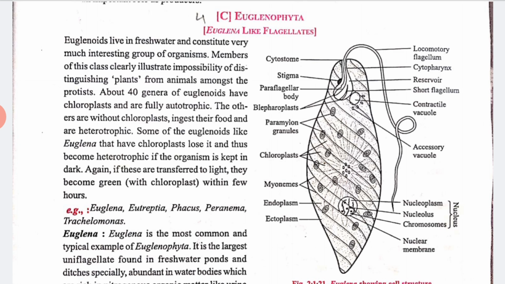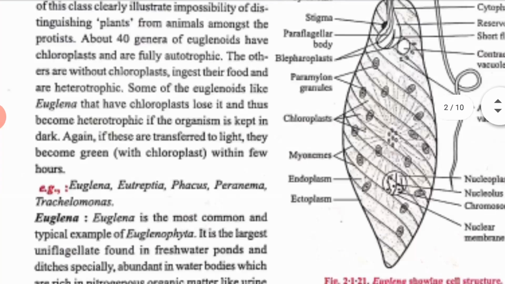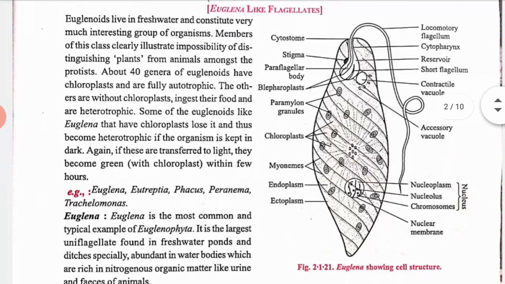If the organism is kept in the dark and then transferred to light, it becomes green, meaning it regains chloroplasts, within a few hours. Examples include Euglena, Peranema, Phacus, Eutreptia. So we have lots of examples.